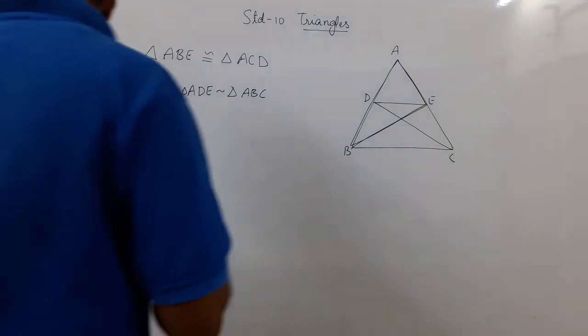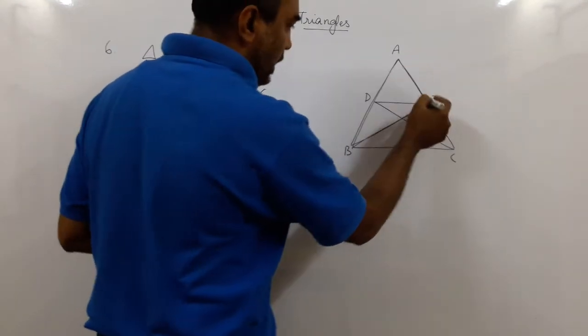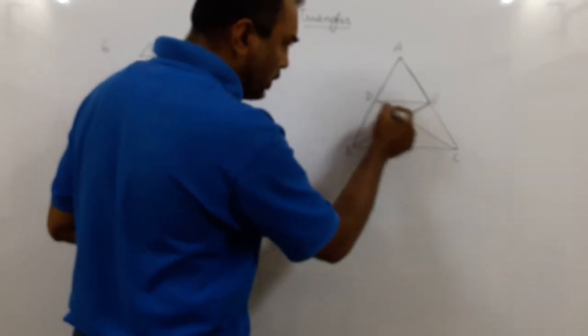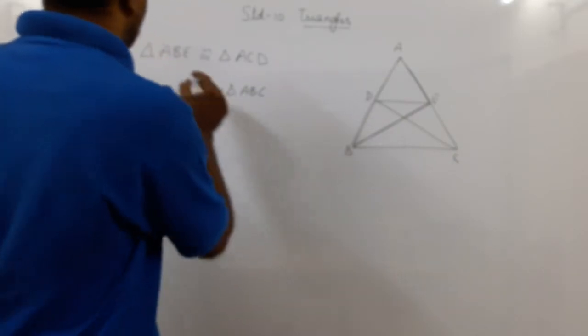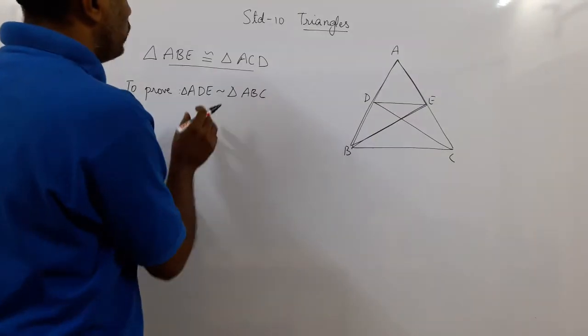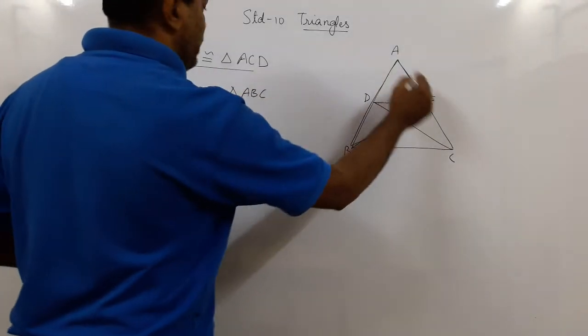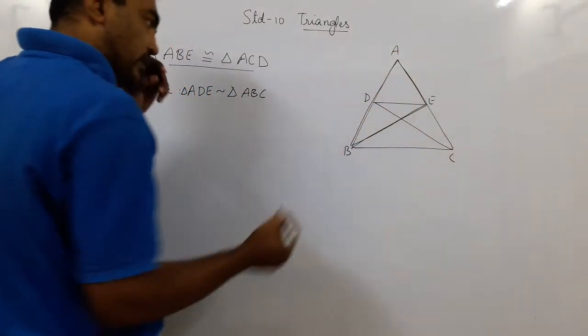This is given to us. And we have to prove triangle ADE is similar to triangle ABC.